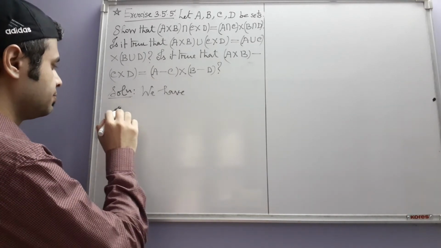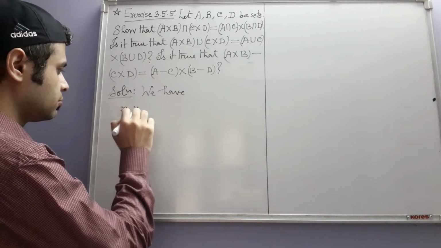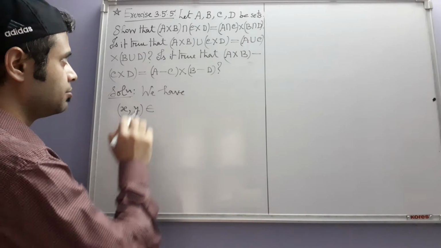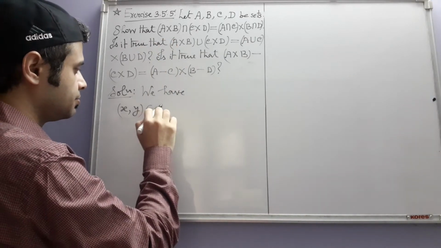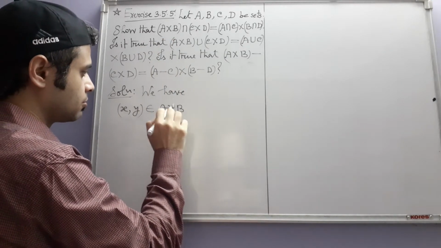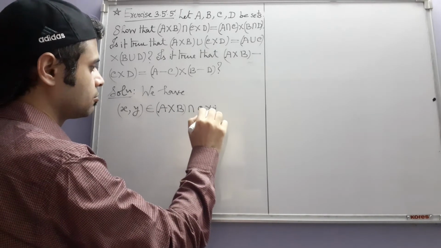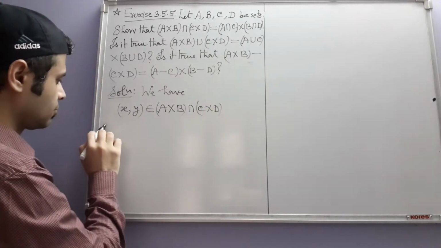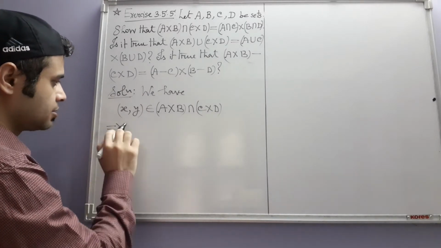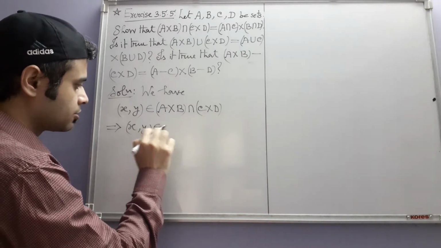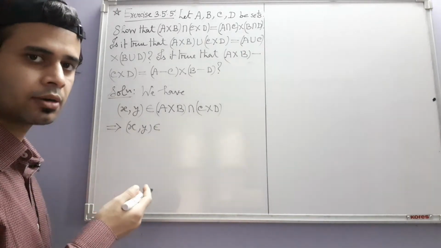We have, say we are taking an arbitrary element in this set. This implies this ordered pair belongs to, since it's an intersection, it will belong to both the sets.